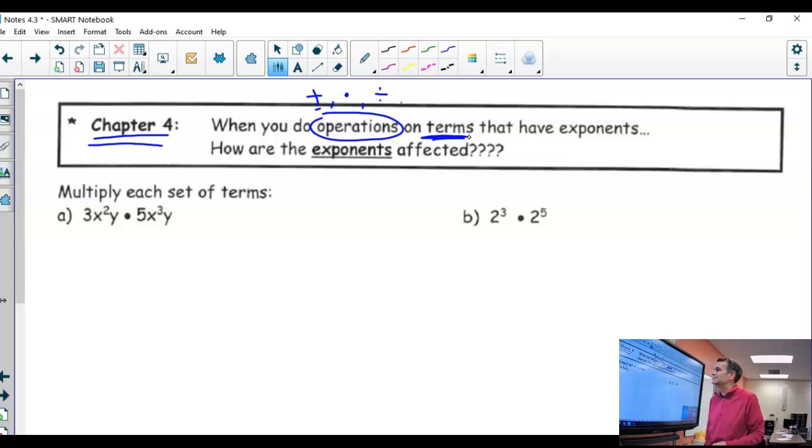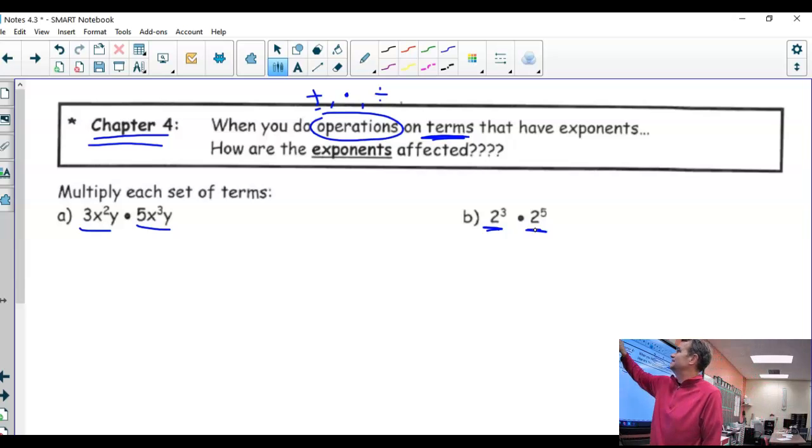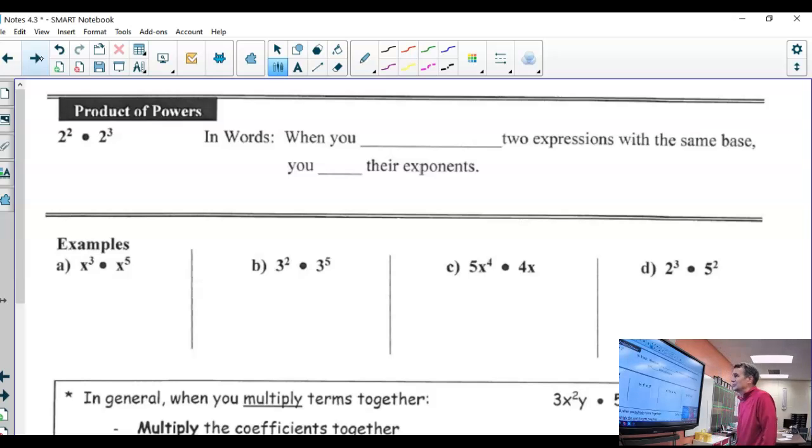We're going to look at that. If I multiply 3x squared y times 5x to the third y, what would the answer be? Or if I multiply 2 to the third times 2 to the fifth, how does that affect the exponents? We're going to come back to those two in a second. You can take a guess right now if you want, but let's look at the rule first.